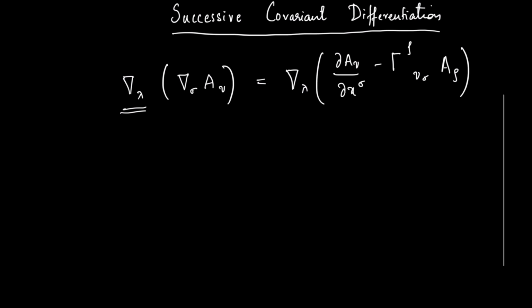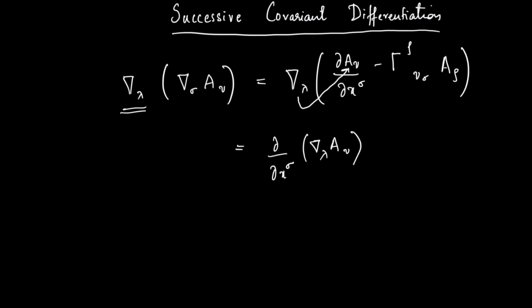Now I have to simplify this. First I have to apply the covariant derivative to the first term and then to the second term. First I apply it to the first term, and I get the covariant derivative of A nu. Now I have to apply it to the second term.